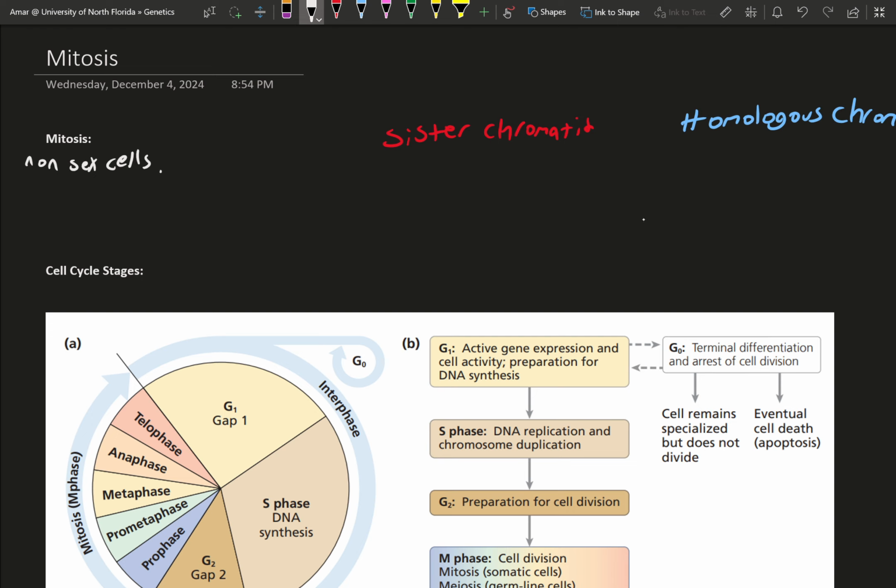So this process generates two daughter cells that are genetically identical to the original cell.